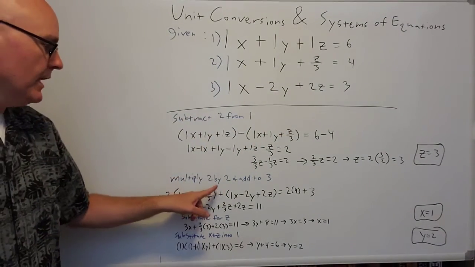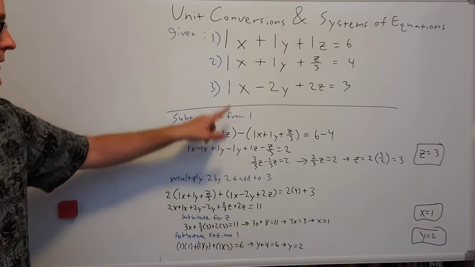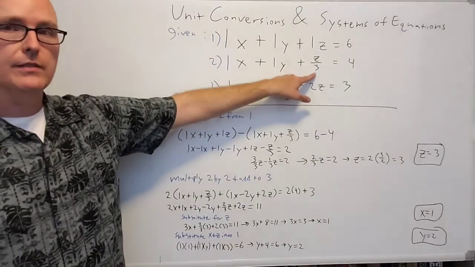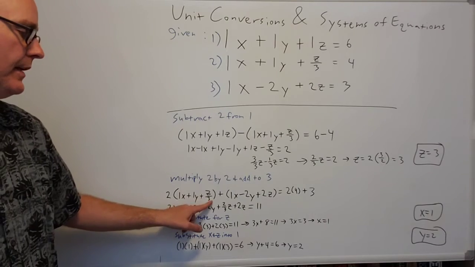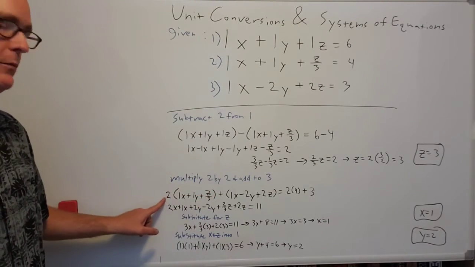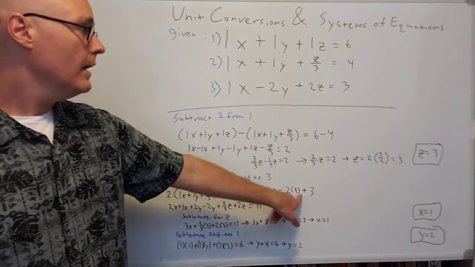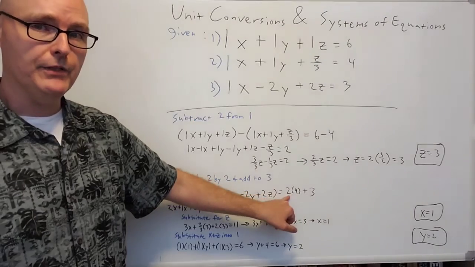So I multiply equation 2 by 2. Equation 2 is this one: 1x plus 1y plus z over 3. That quantity multiplied by 2. I took the 4, it's on this side, multiplied it by 2.